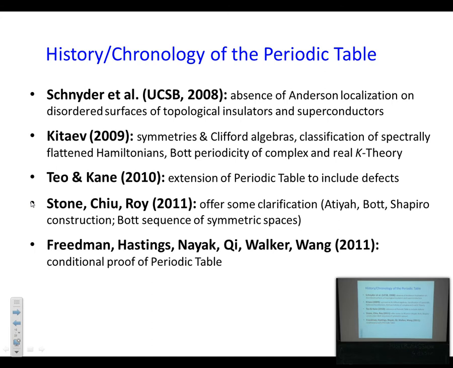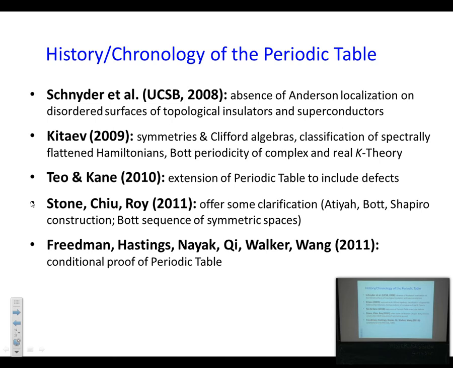There's a paper by many authors, again with center in Santa Barbara, where ideas and general principles are there, but I don't think there's any real theorem or proof as far as I can see.